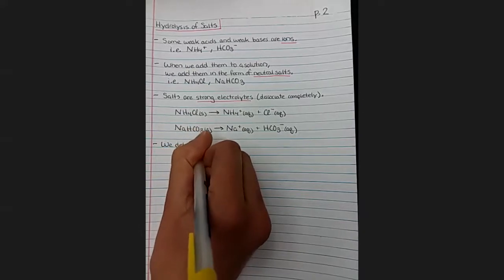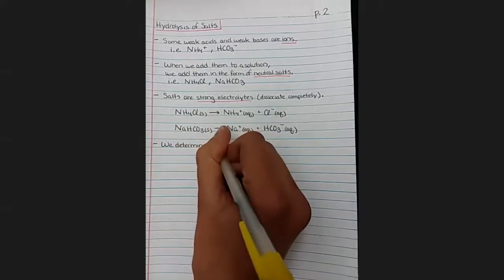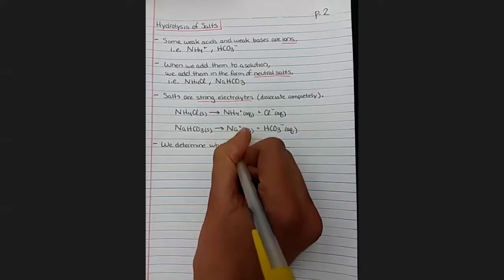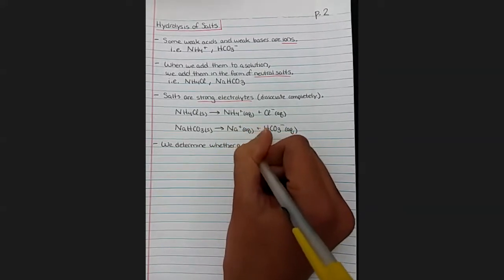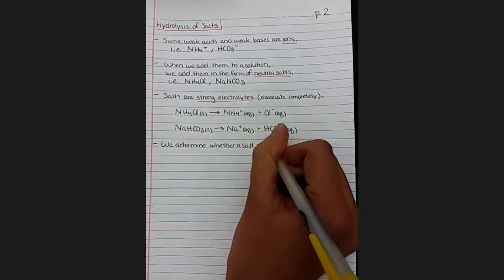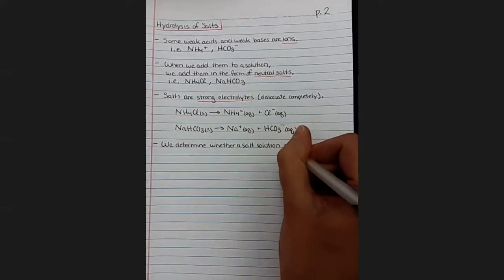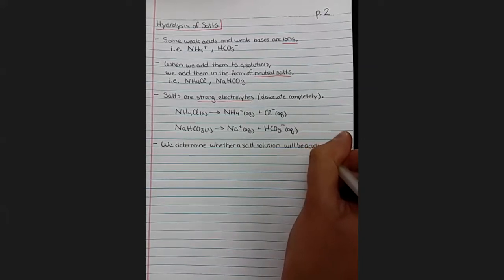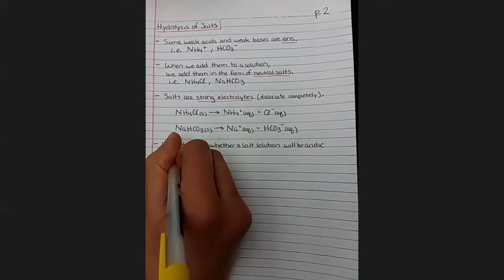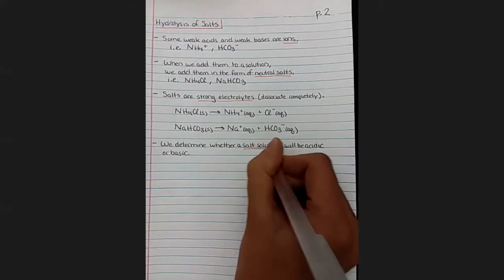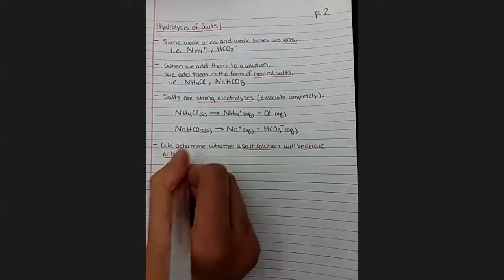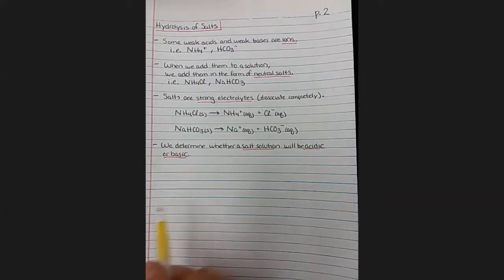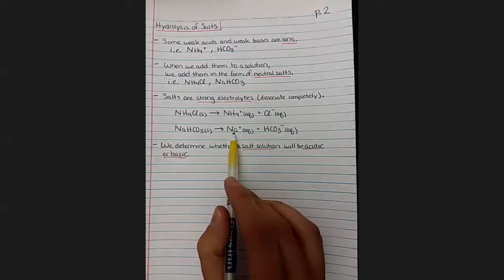We have to determine whether a salt solution will be acidic or basic, and we can do that by looking up the Ka values and the Kb values for each of the different ions and their conjugate pair.